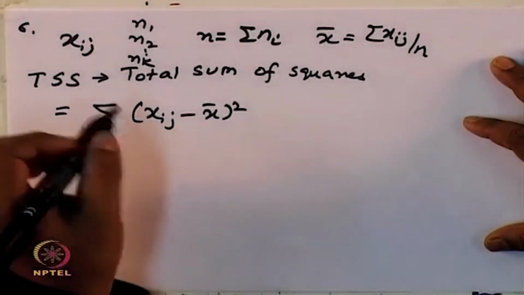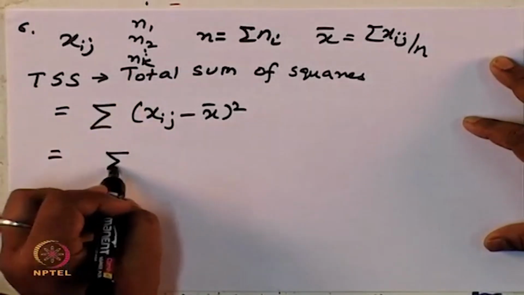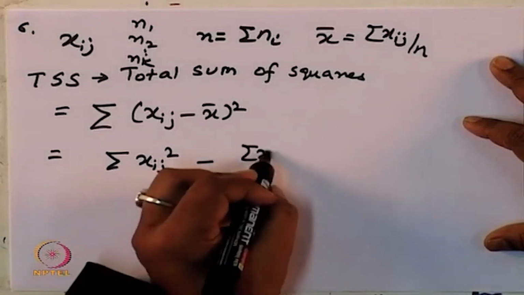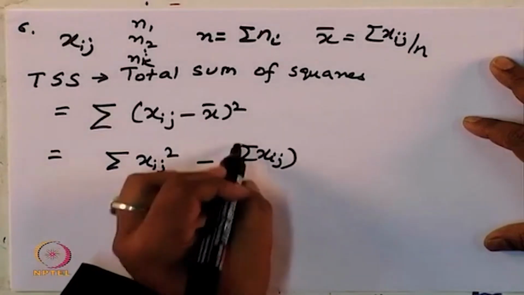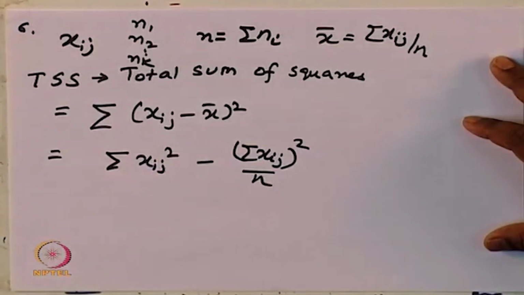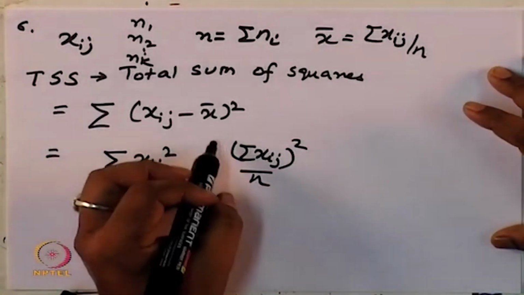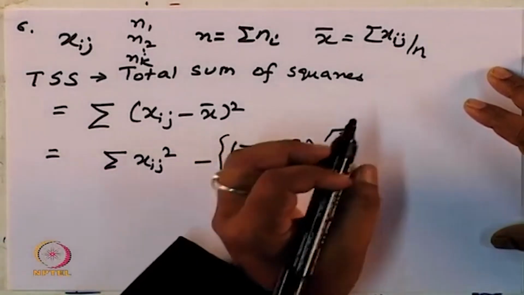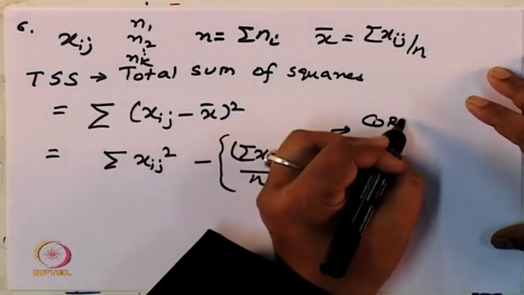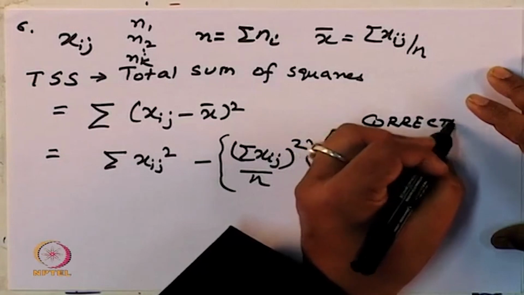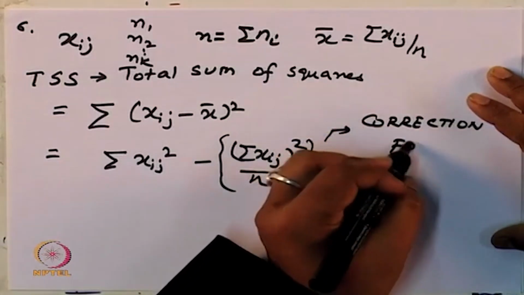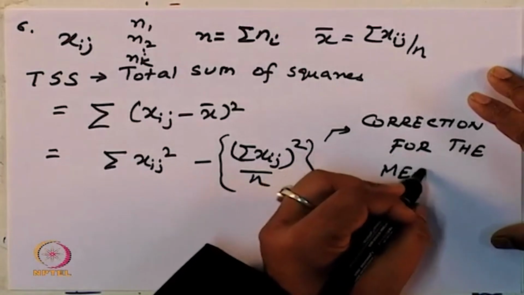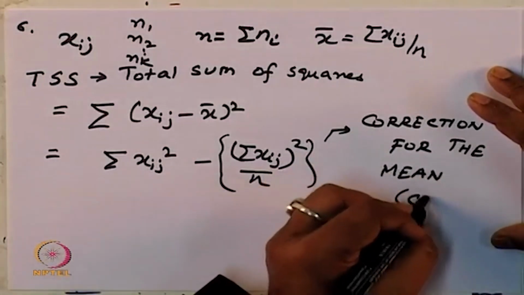If you expand this, you can show that this is nothing but the summation of x_ij square minus a term which is called the correction for the mean, or Cm.